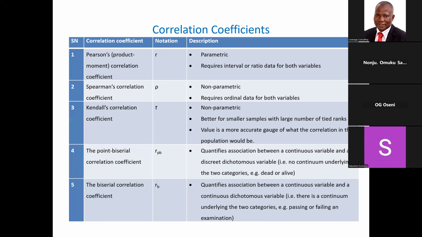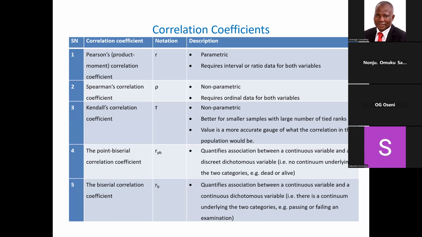So what is the difference between the discrete dichotomous and the continuous dichotomous? With a continuous dichotomous, when you say failing or passing, before you can see somebody fail or pass an exam, they will have had a score, and there is a cutoff: anything below 40 is fail, 40 and above is pass. So whether you classify somebody as pass or fail is based on a continuum.